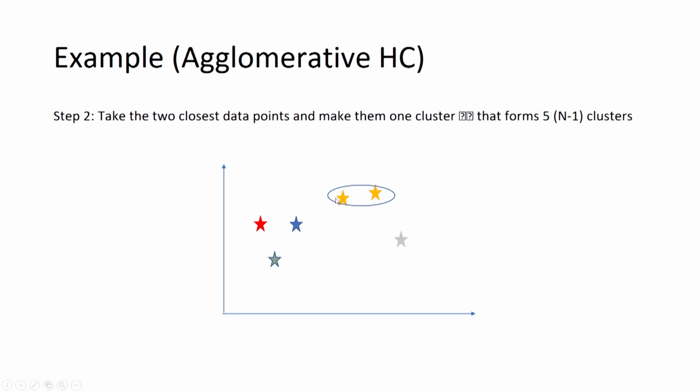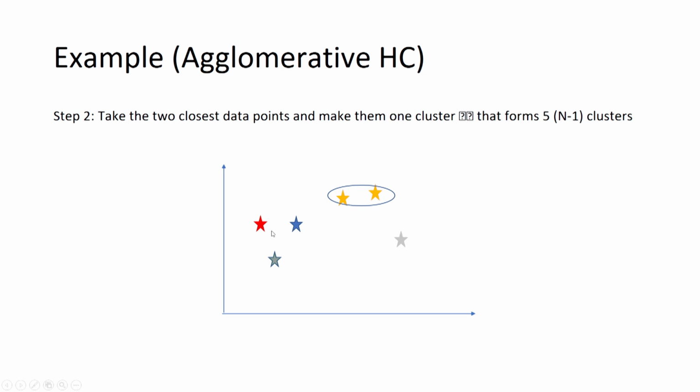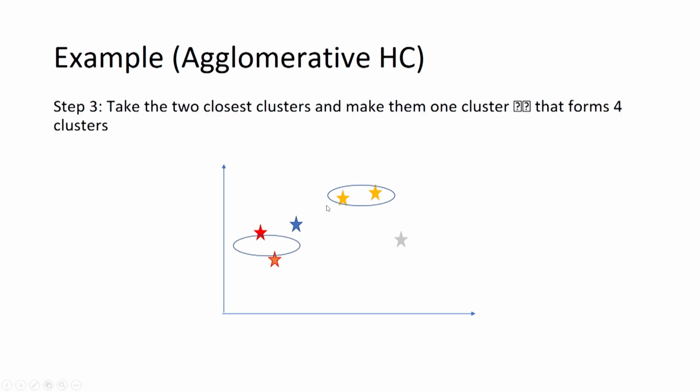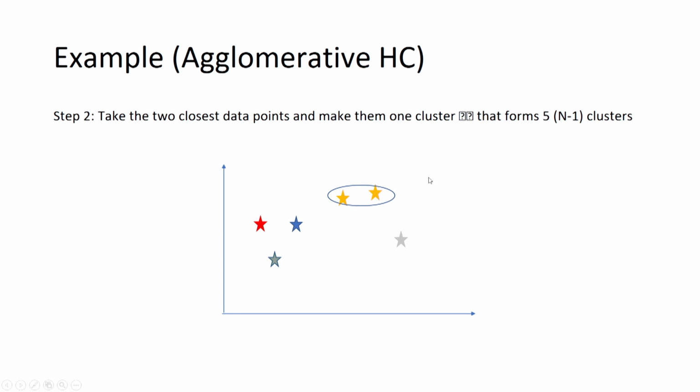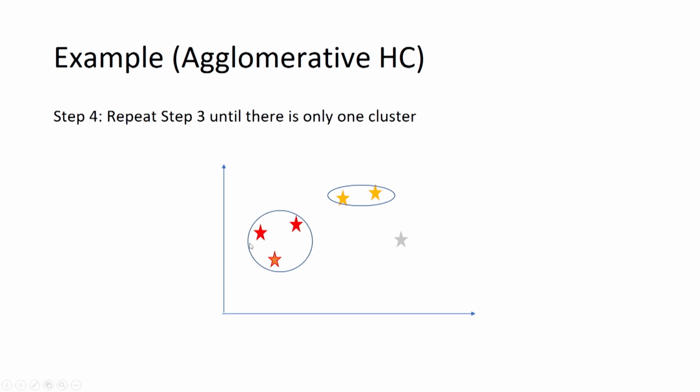Let us assume these two data points are closest, so we will merge them into a single cluster. Earlier we had 6 clusters, now we have 5 clusters, because these two closest data points are merged together. Then in the next step we will again merge the next two closest data points.